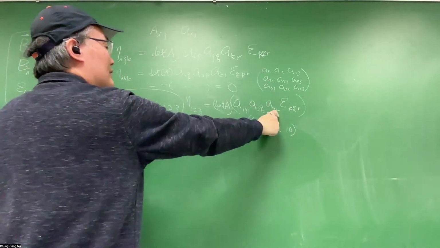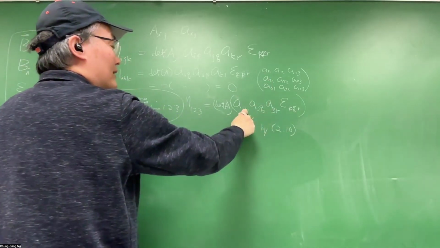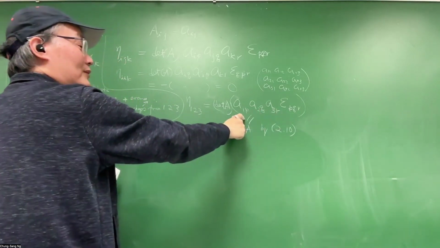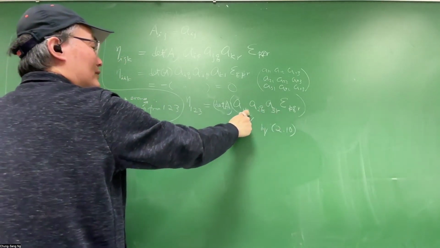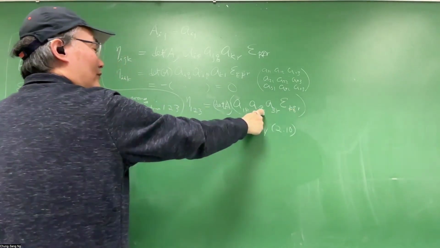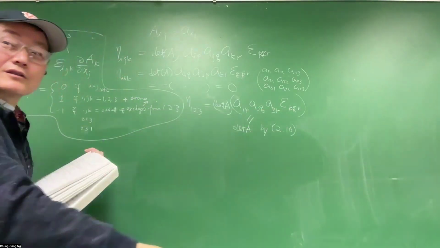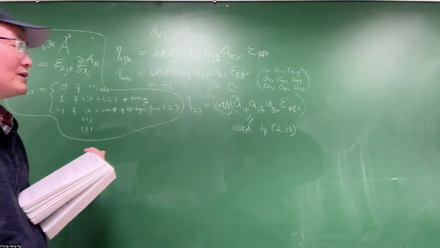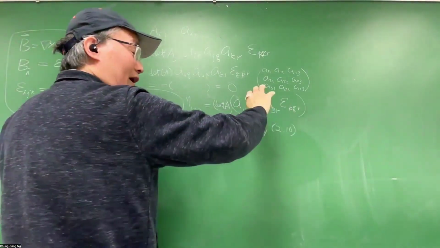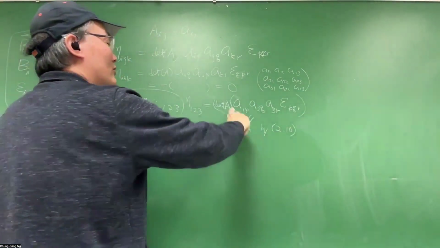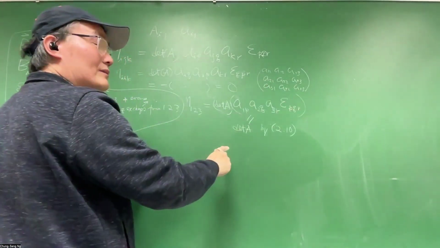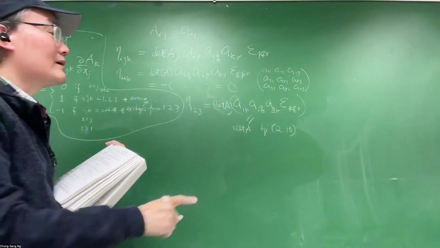This is the second row. This is the third row, right? But then you cannot have elements from the same column. Then p and q, if from the same column, then the epsilon will kill you. This epsilon will be 0 if you have repeated indices. So basically, you exclude all the terms with the same column, right?